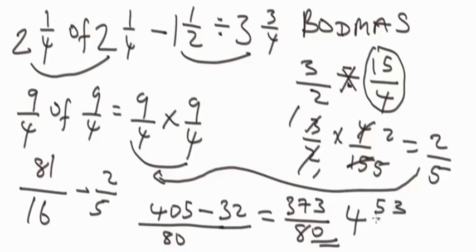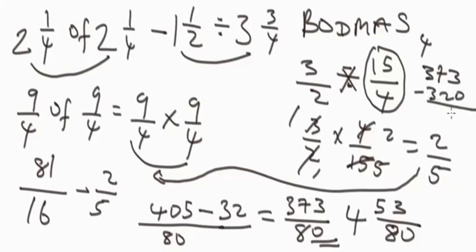That's 53 over 80. Because when you divide this 373 by 80, out of this 373 we have 320, which we divide by 80 to give you 4, right? So what you do now to get the remainder is 373 minus 320.